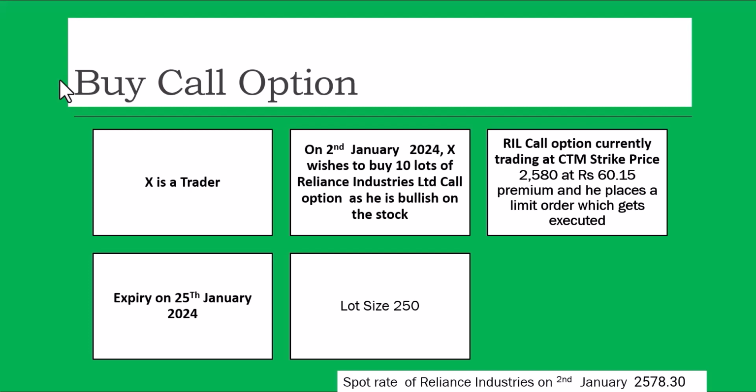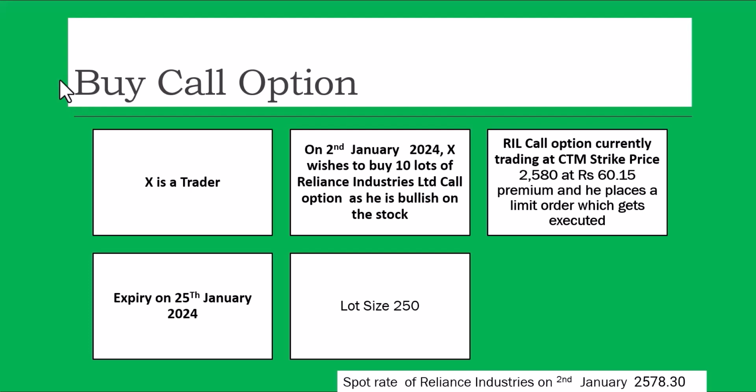Reliance call option is currently trading at CTM, which means close to money or near to money, or ATM, at a strike price of 2580 at 60.15. That is the premium.